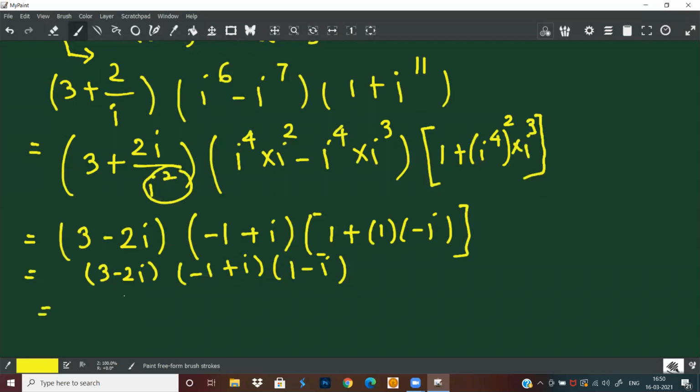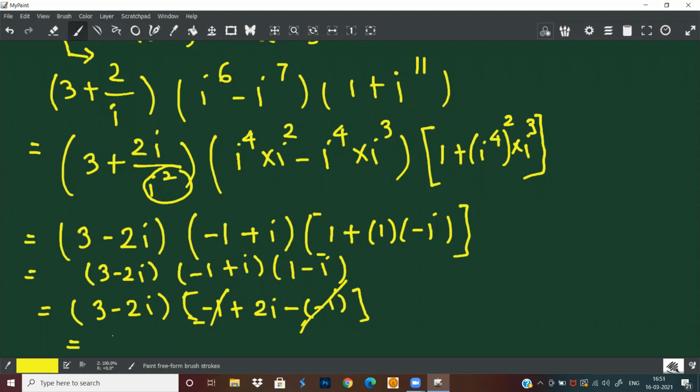Somebody's got the answer right. You can just multiply. This into this is minus 1. This into this is plus i. So it is 2i. Plus into minus is minus. i square is minus 1. So this and this will cancel because plus 1 and minus 1.